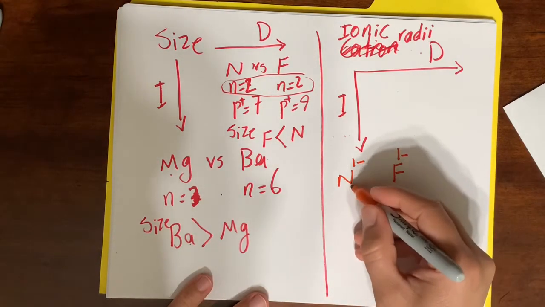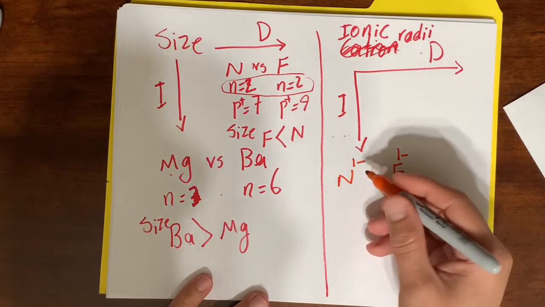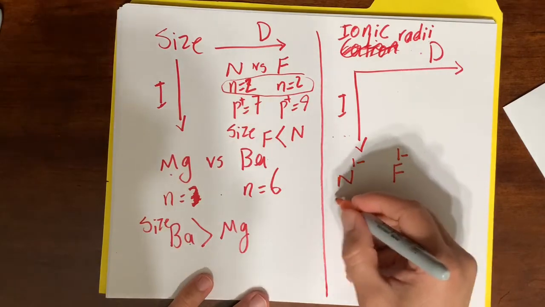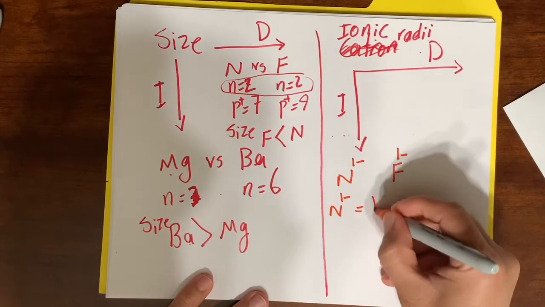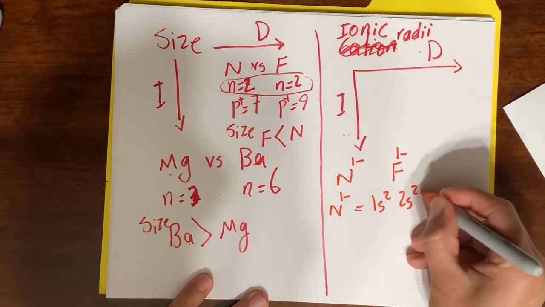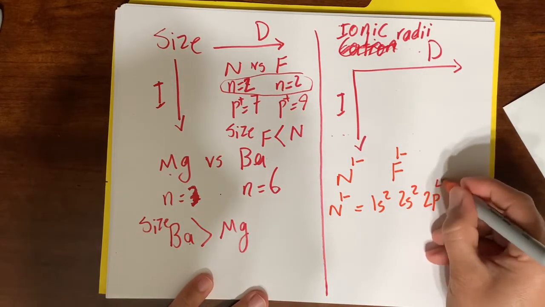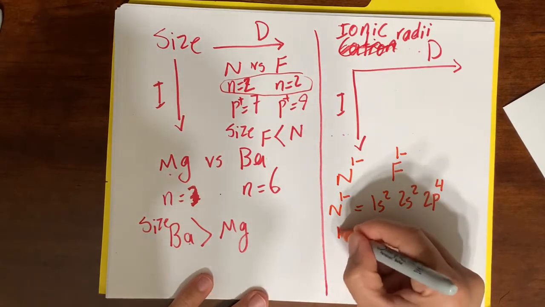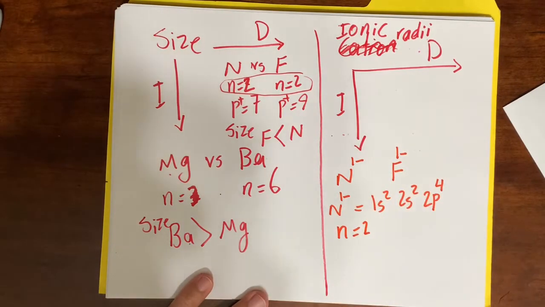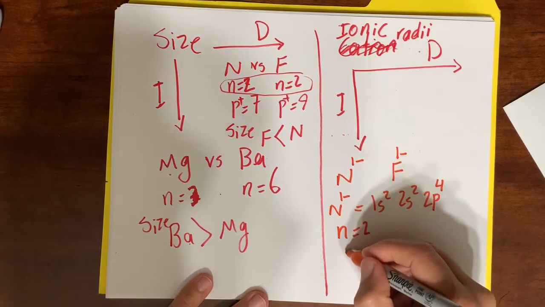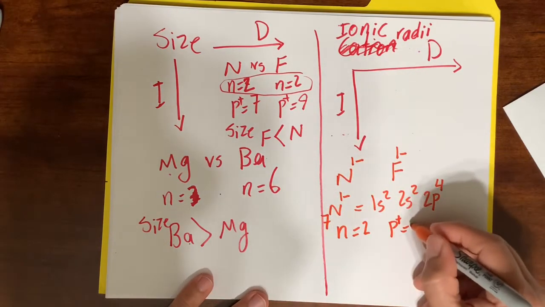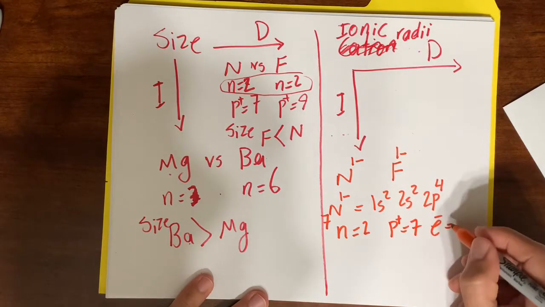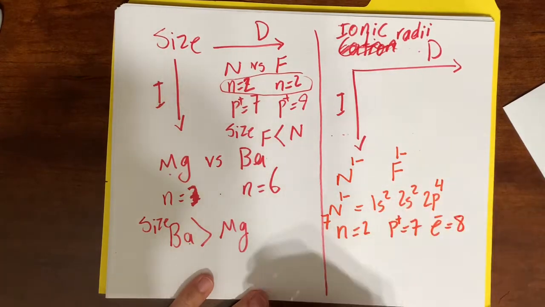If you give it 1 electron, for N minus 1 it's going to be 1s2, 2s2, 2p4. So the highest n is going to be 2. Number of protons equal to 7. Number of electrons equal to 8.